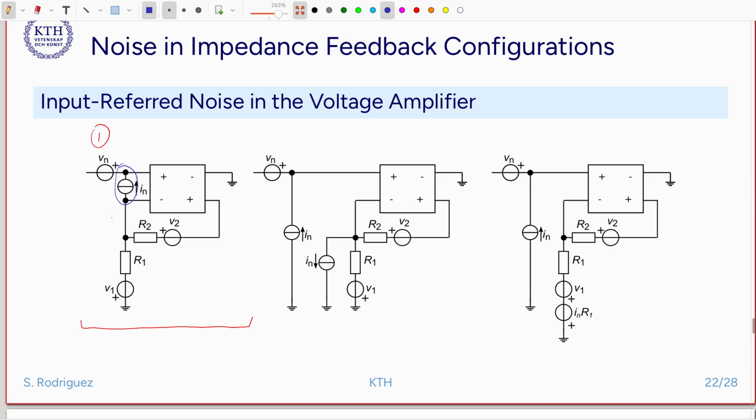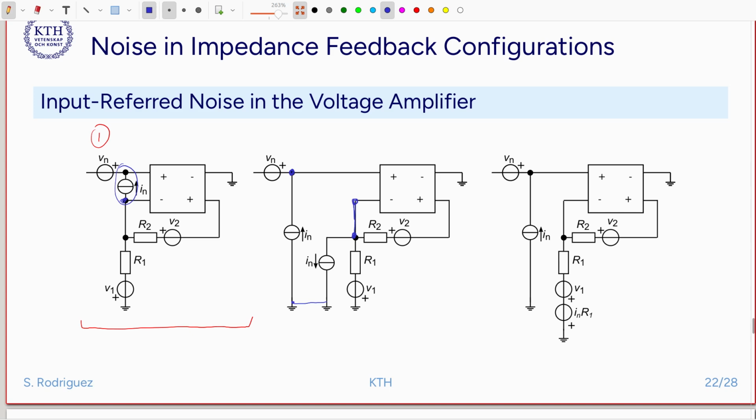This current source can be split into two current sources: one that takes current from this node, exactly the same as here, takes the same amount of current EN towards ground, and then from ground, the same current comes up to the positive input of the amplifier. So we have used this duality of the current that we explained before.